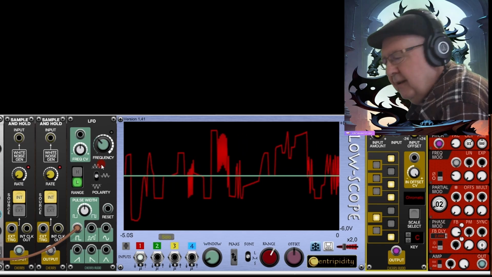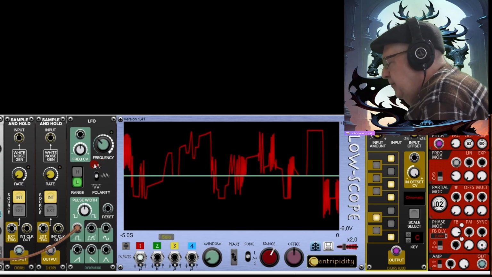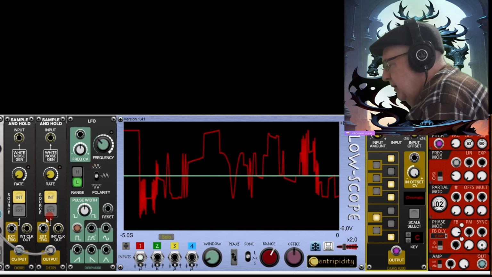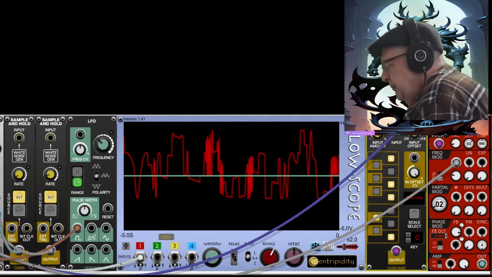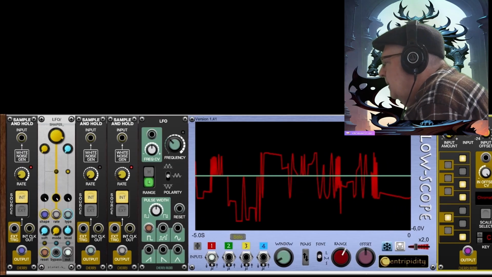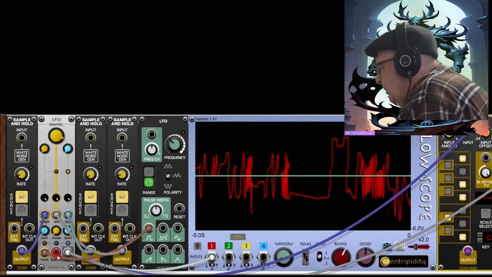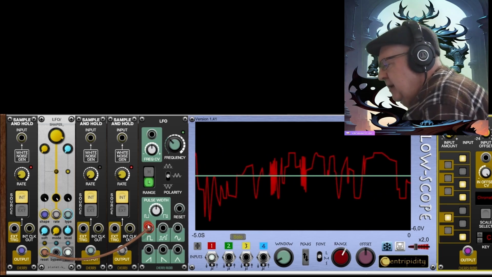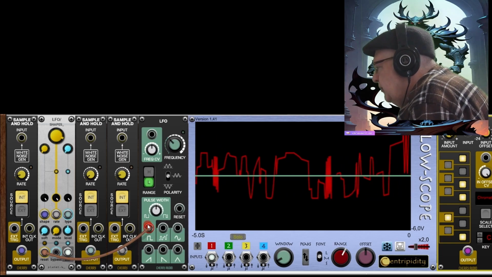We can reset the current cycle, and we can even bypass the whole LFO by feeding triggers or gates into the jacks at the bottom here. So let me go there at the bottom, and bypassing means setting the output level to 0 volt.